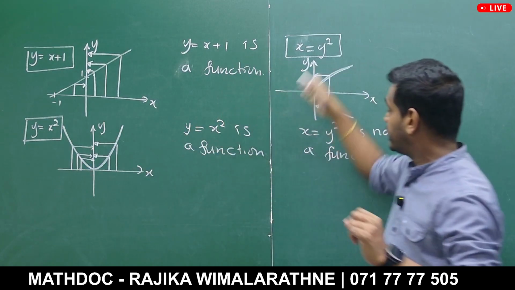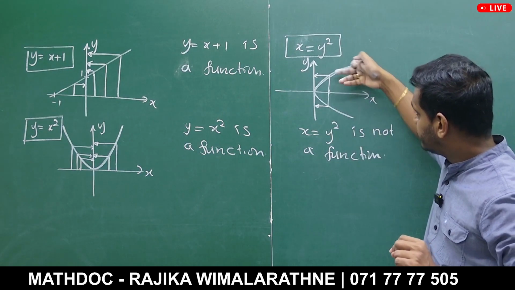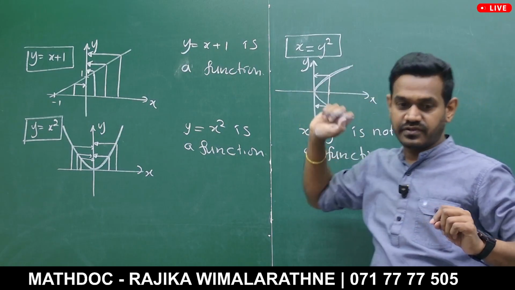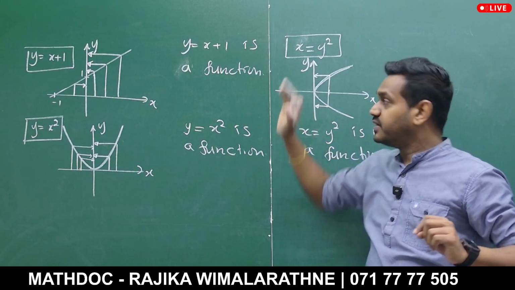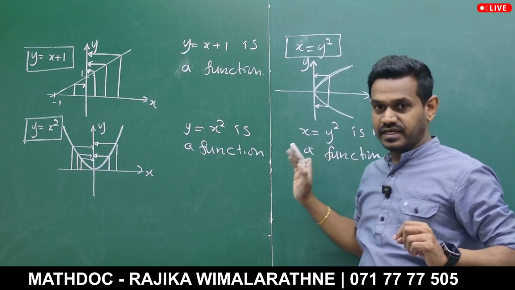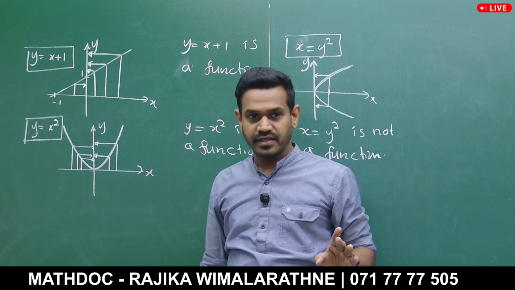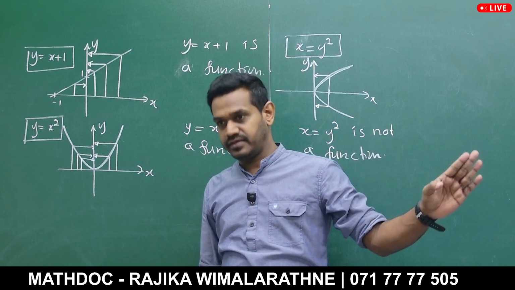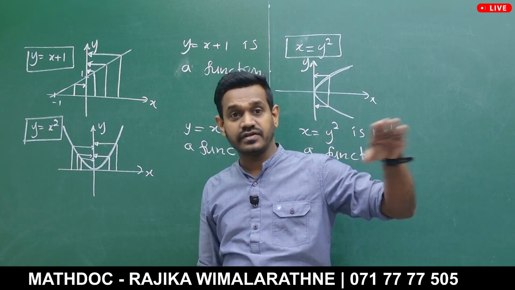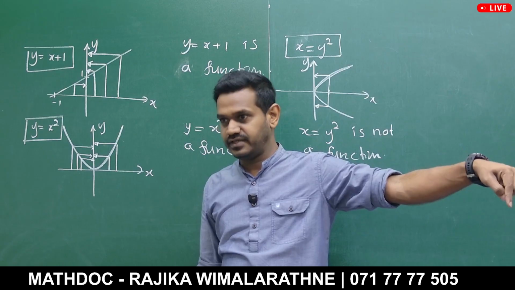Now you go to here: when you sketch a vertical line, we see two intercepts. That is not a function. If we have only one intercept, we say that is a function. If you have two or more intercepts, we say that is not a function, but that is a relation.